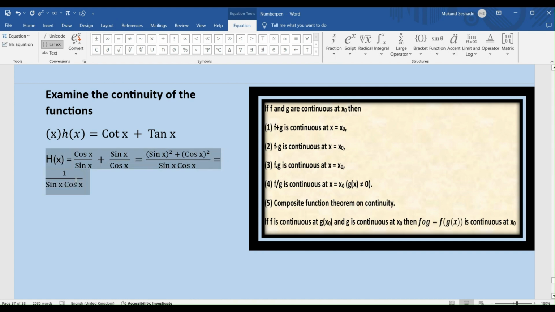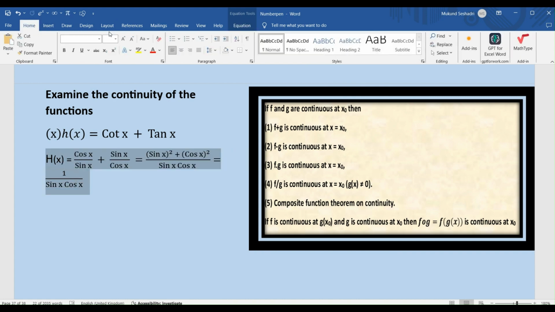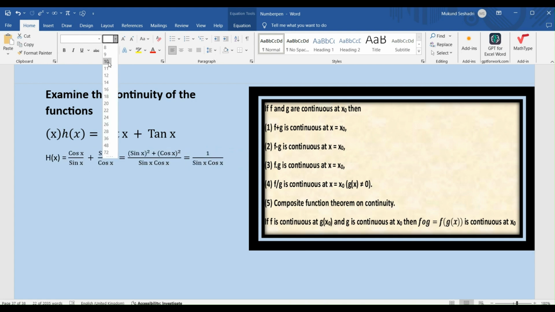So allow me to minimize so that we have everything on the same line. So this is the function, and let me bold this, we will have to work with, right? So 1 divided by sine x and 1 divided by cos x, right? Now, if I write this as a product of two functions, what do I get?